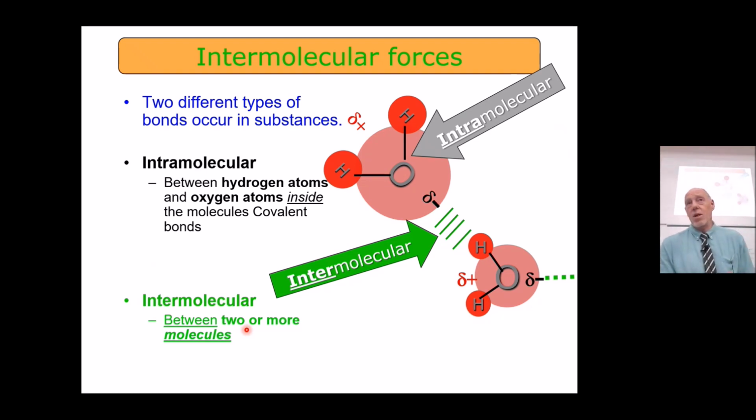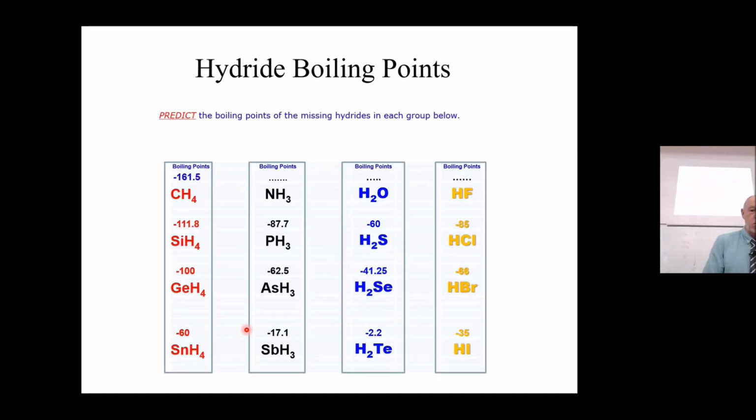So let's go and have a look at the first type of intermolecular bonding. Let's look at these quickly. Hydrides and boiling point. So what are these hydrides? Look at these compounds here on the left. We've got carbon, silicon, germanium, and tin. Tin is Sn.